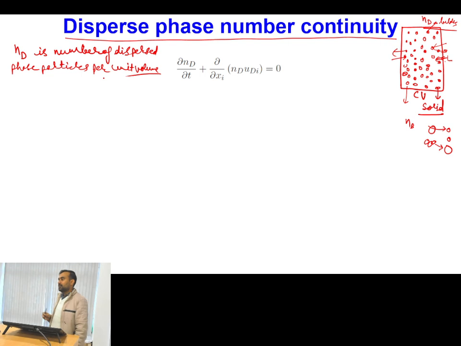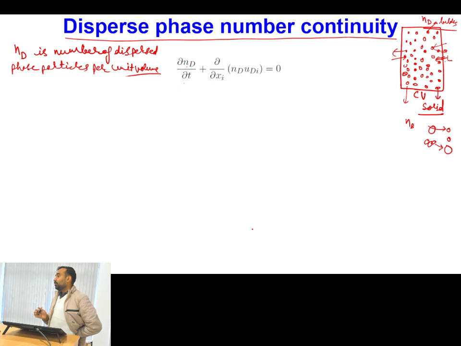Is this point clear? Whatever the control volume I have, in its unit volume, Nd is the number of dispersed phase particles. Now, what will then be the time rate of change of this number within the control volume? That will be del by del t of Nd.